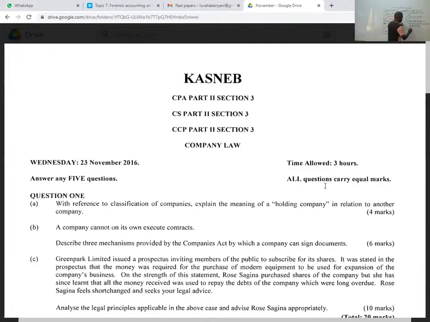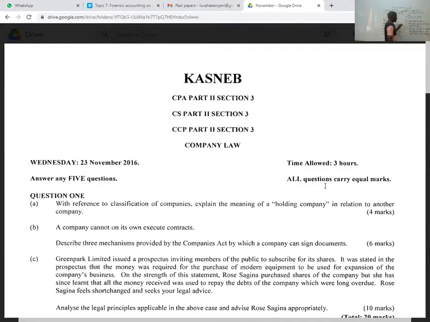Then number three, they can execute through an appointed legal officer or advisor, and an official person in the company.